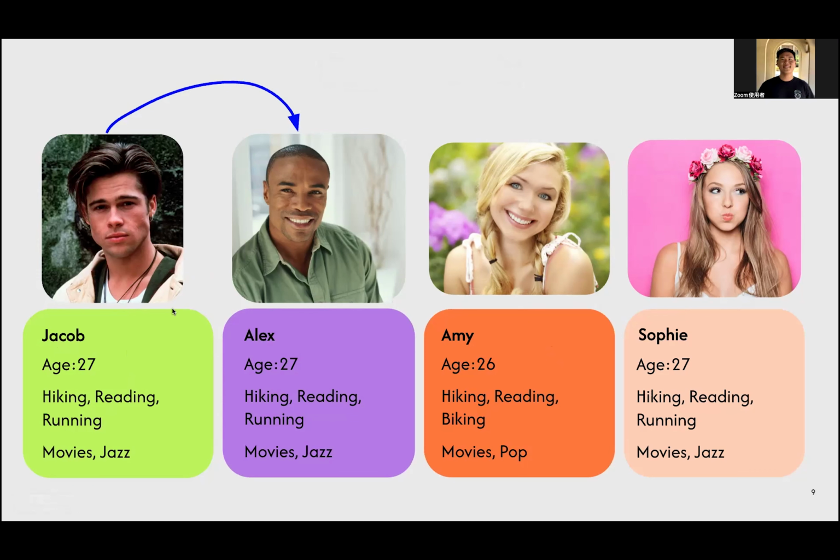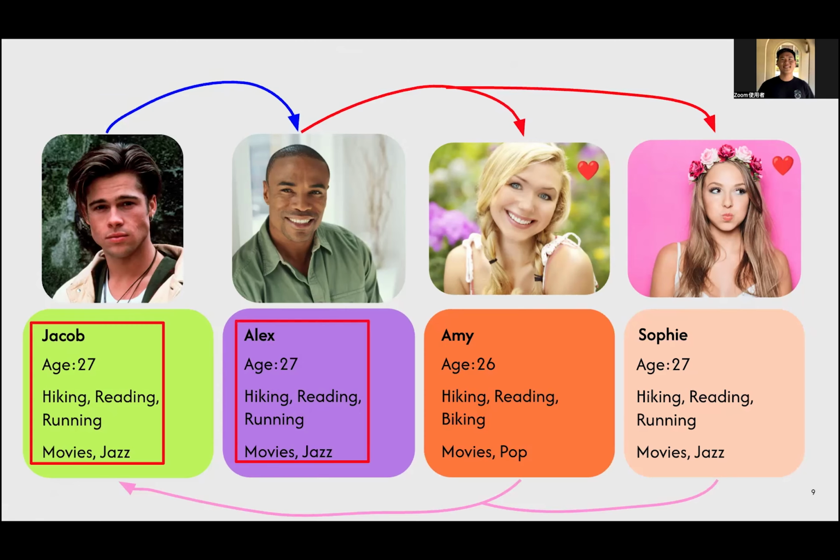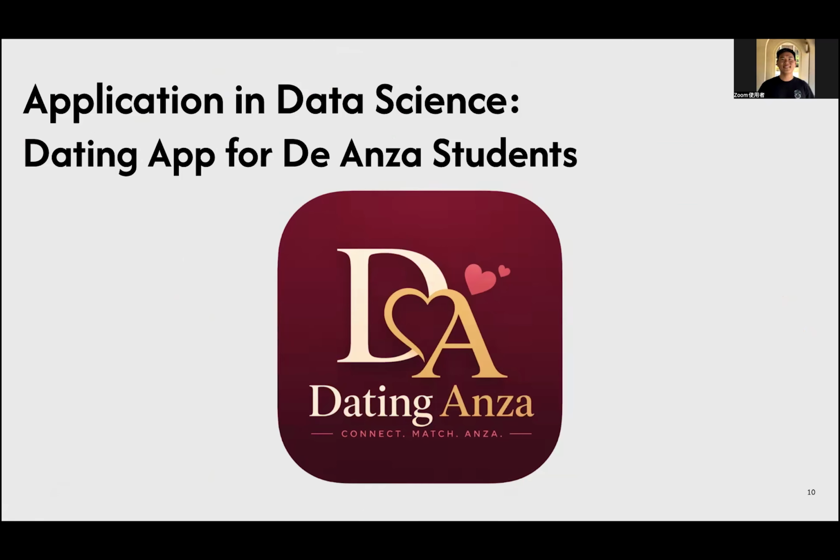So Alex and Jacob are similar. They have similar hobbies, and the system will show that Alex has matched with Amy and Sophie. Then the system will feed Amy and Sophie back to Jacob, which may increase the likelihood that they are going to match. Because they look the same, they are probably going to like the same sort of females.